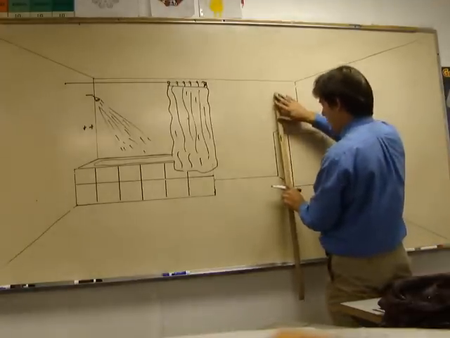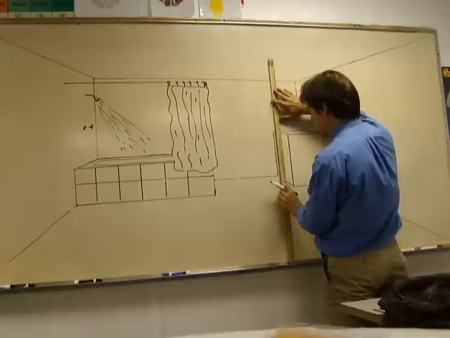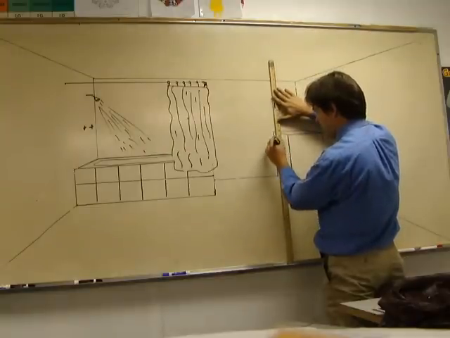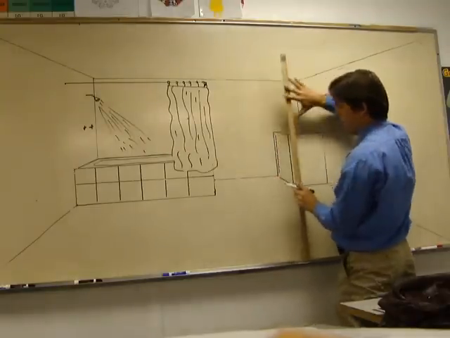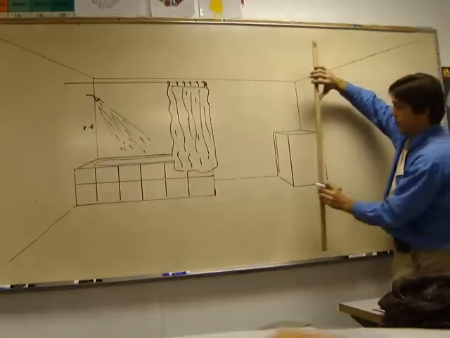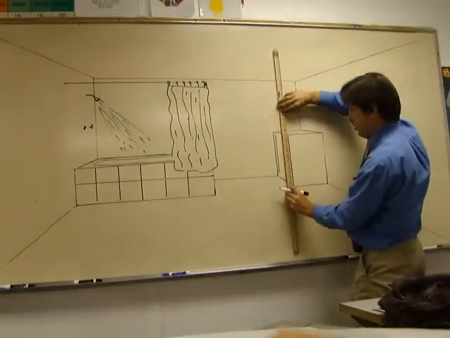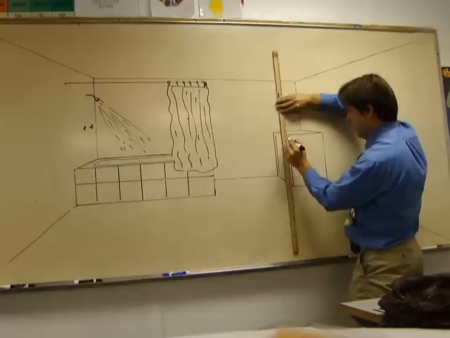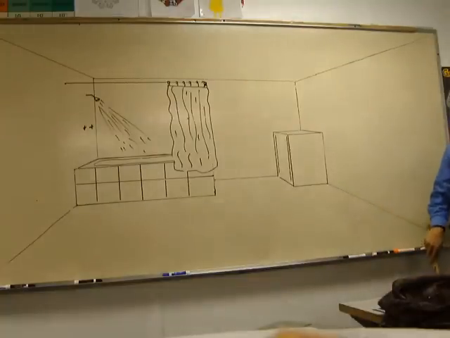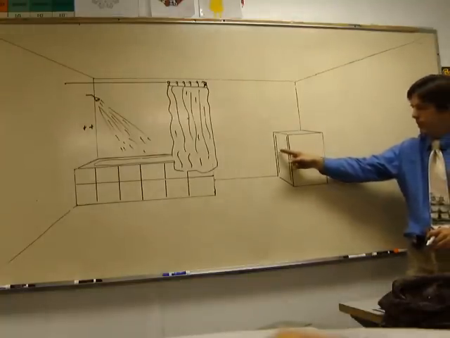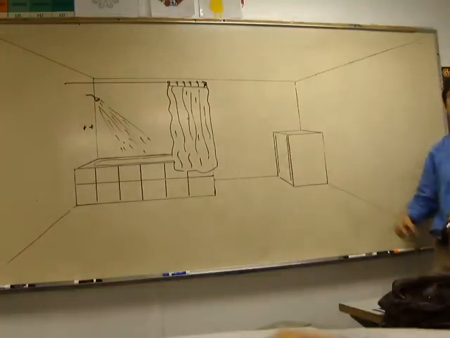So the way to do that, you're going to make a little line parallel to this line near the edge. Just like that. And you'll do the same thing on the opposite side. Little parallel lines on the inside edges that we already have. Let's get this line and this line in there.